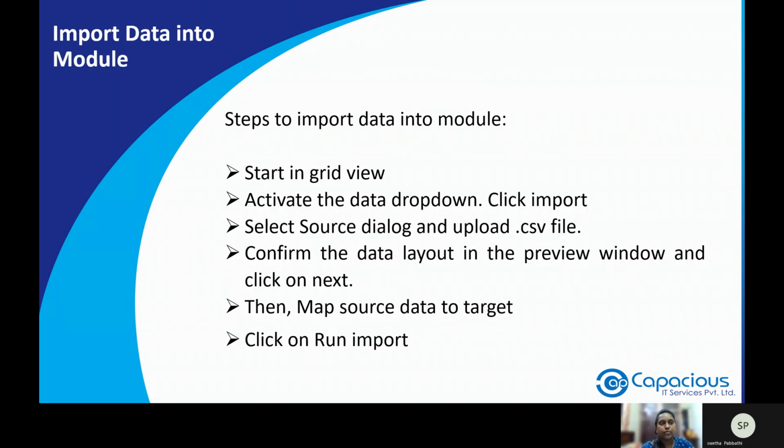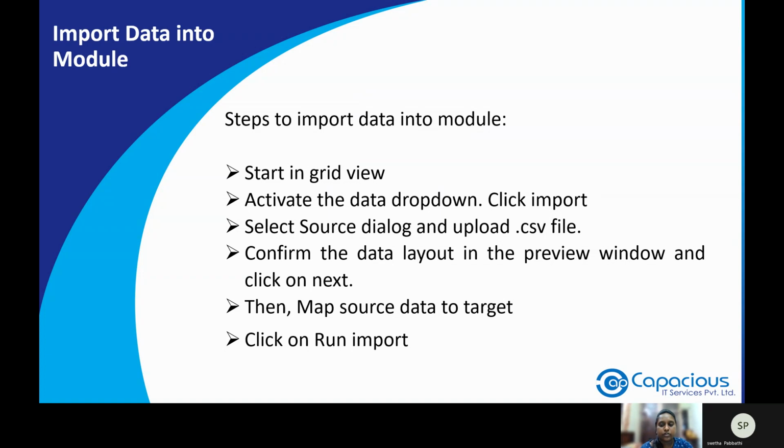Next is import data into module. These are the steps we come across to import the data, where a CSV file or .txt file is used to import in the module. Initially, we start from the grid view, and then we have to activate the data drop down in the module.